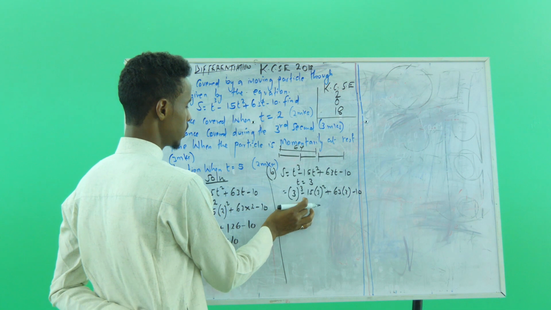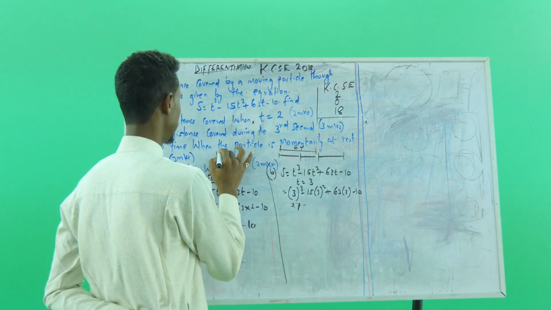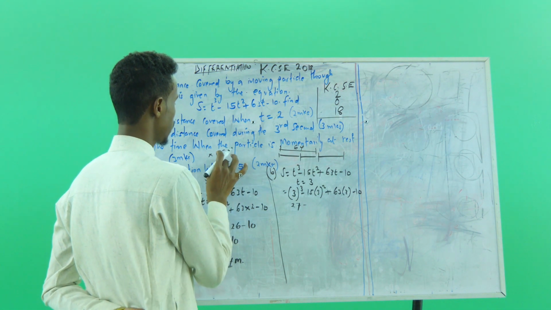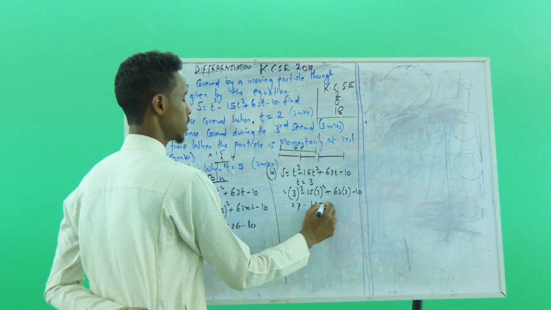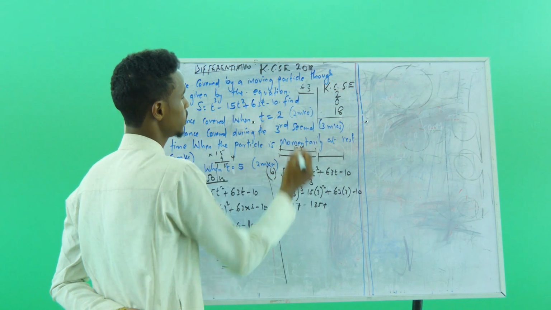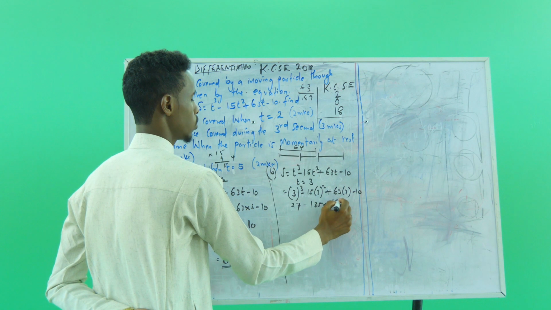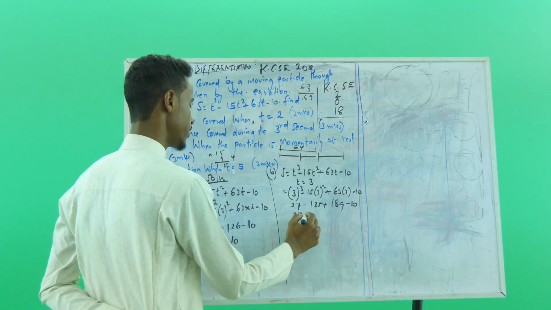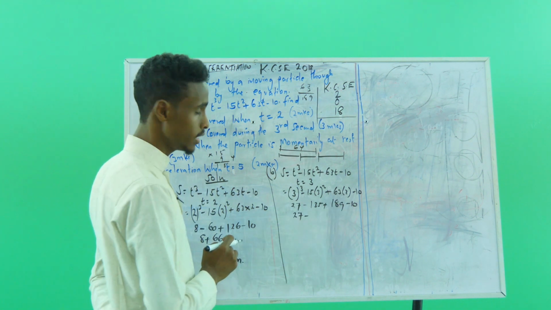Now it will be 27 minus 15 times 9, which is 135, plus 63 times 3, which is 189, minus 10. Now it will be 27 minus 135 plus 189.